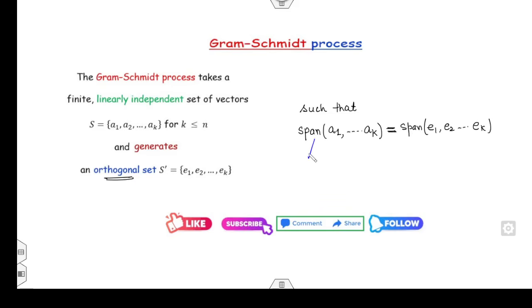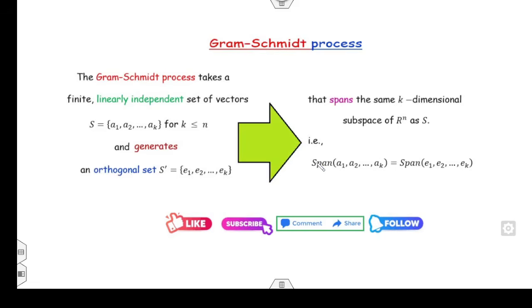And you all know what the span is. Span means they have defined as a basis plus linear independence. Fine. So you can watch my linear algebra playlist. That's a complete lecture on the span of the vectors mentioned, such that the span of the ai's and the span of the ei's must be the same.